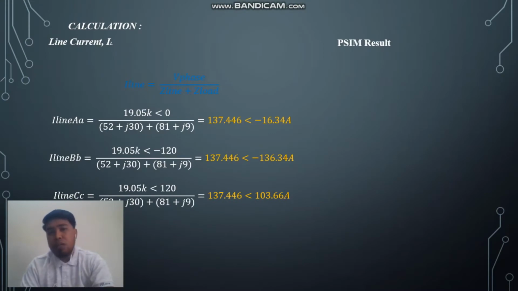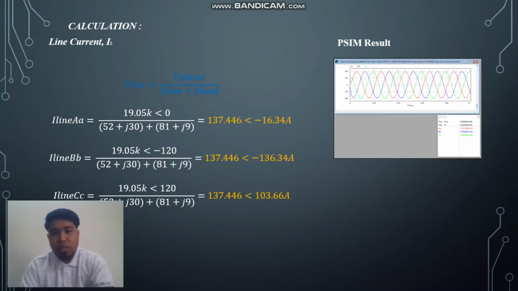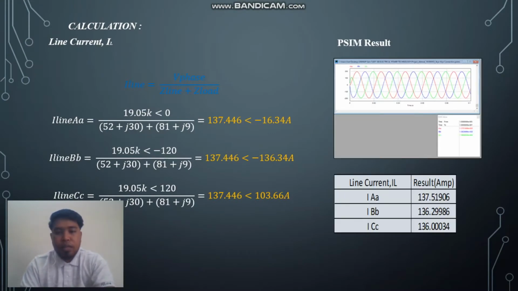Compared to the PSIM result, for the line IAA, I get 137.51096. It does not have an identical result, but compared to the calculation result, it has a very minimal difference between both results.